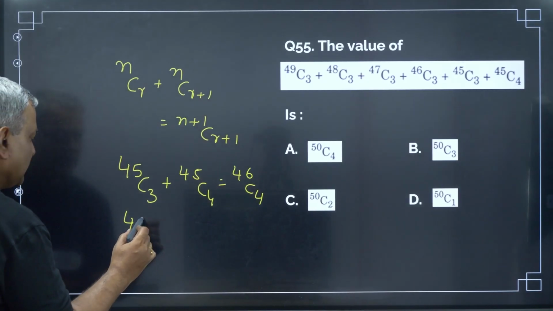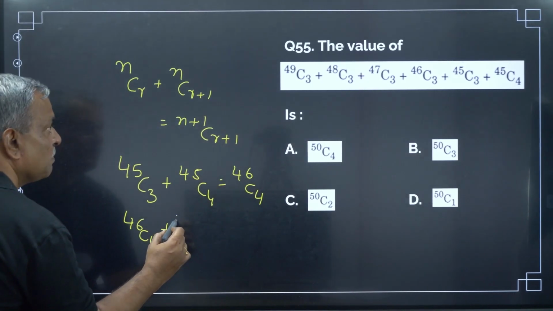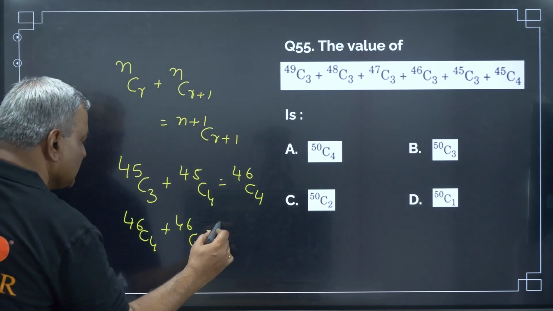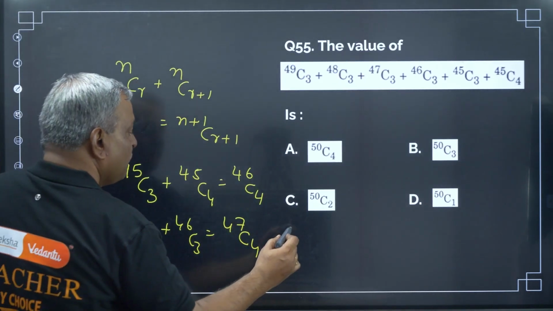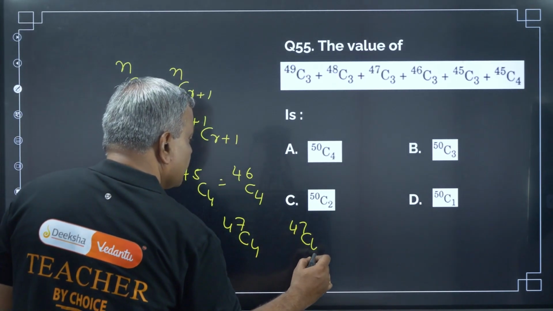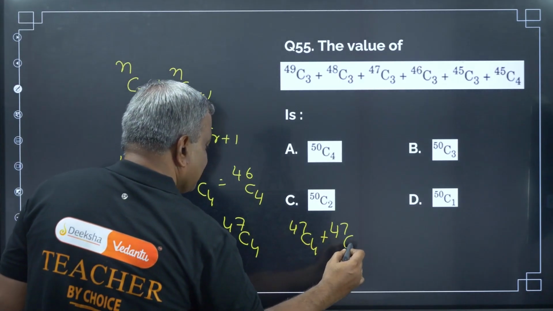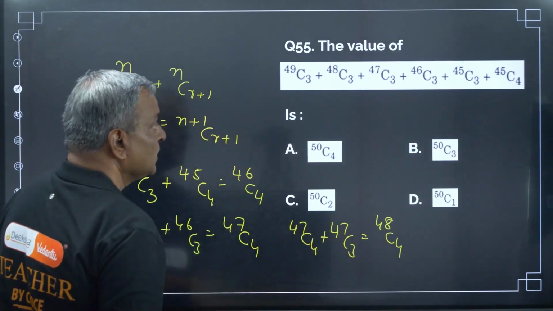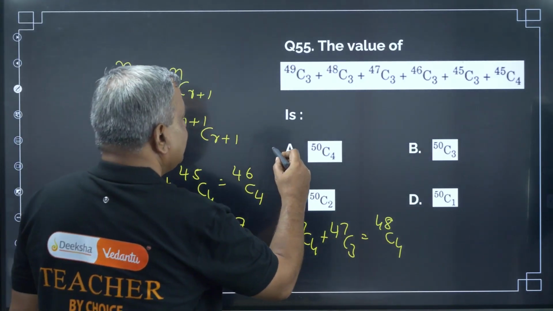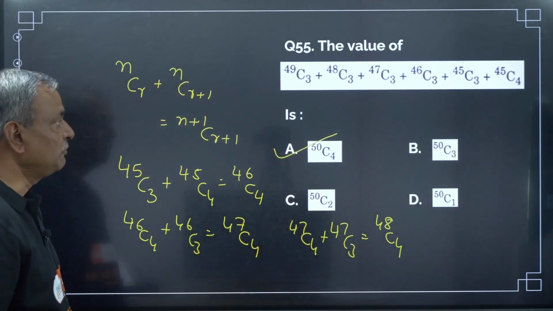Again, 46C4 plus 46C3 will give you 47C4. Again, 47C4 added with 47C3 will give you 48C4. Keep on doing that, you get finally 50C4.